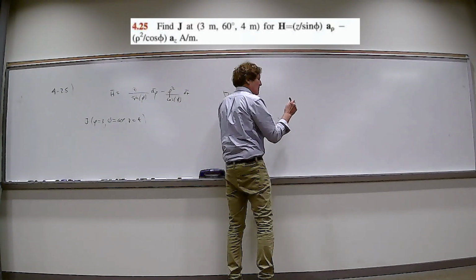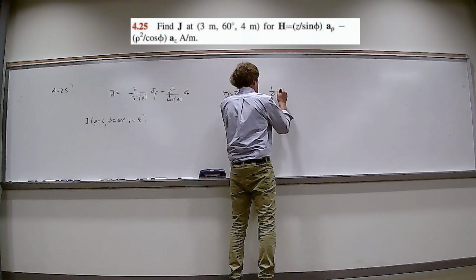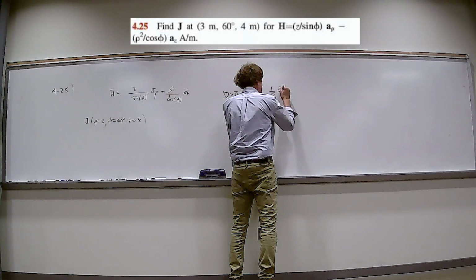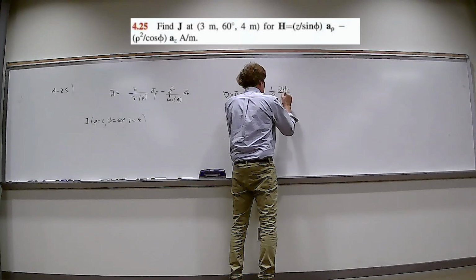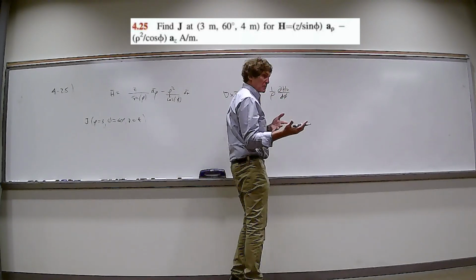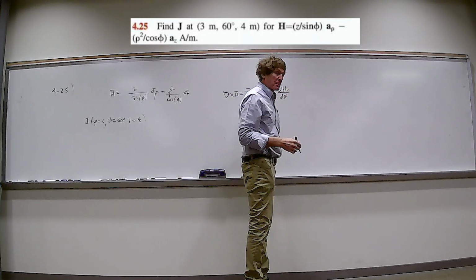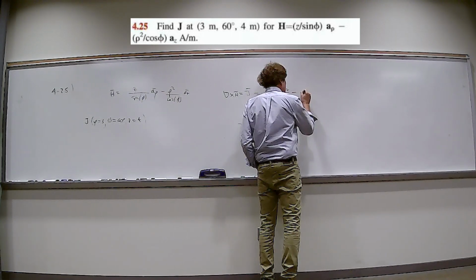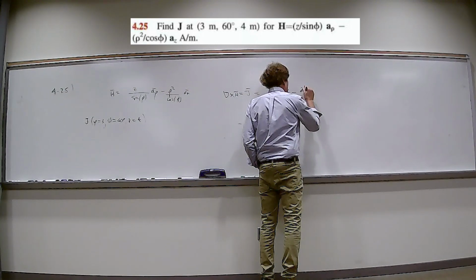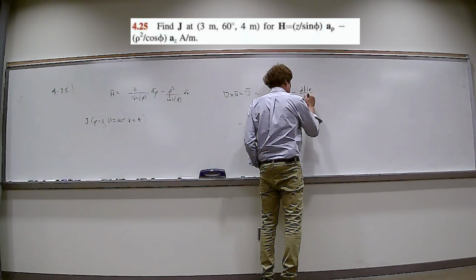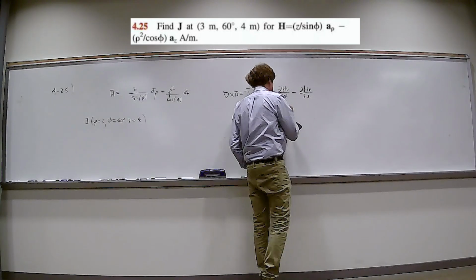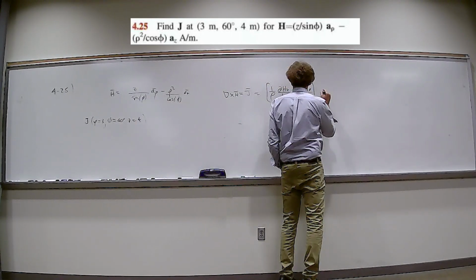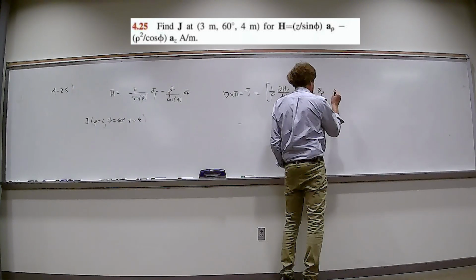You've got 1 over rho, dHz over d phi, because we're using H, not A. Minus dH phi over dZ, in the A rho direction. Correct. Keep going.